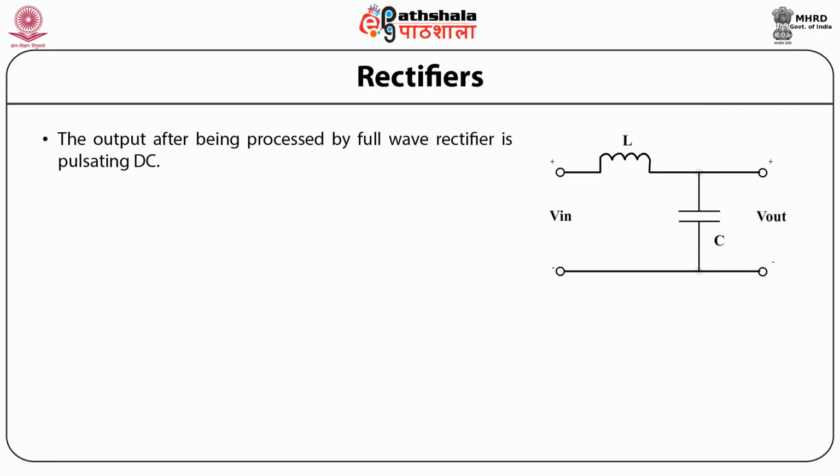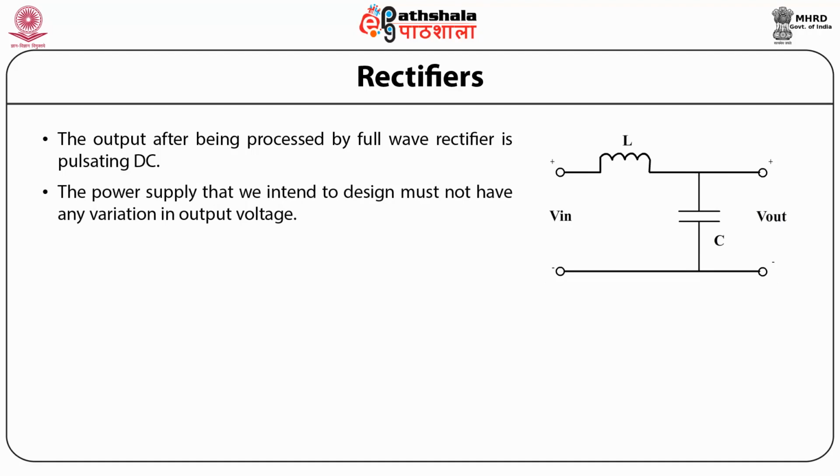Let us now discuss the filters. The output after being processed by a full wave rectifier is a pulsating DC. The output contains large fluctuations in voltage. So the power supply that we intend to design must not have any variation in output voltage.